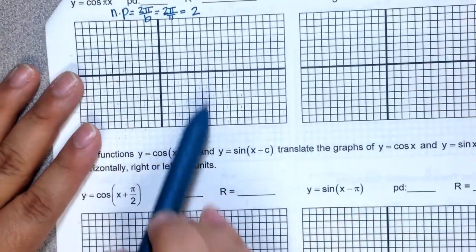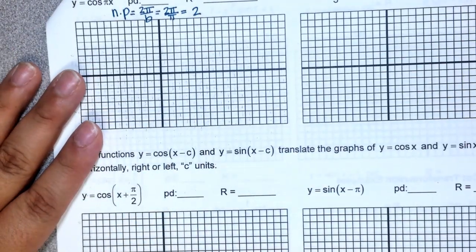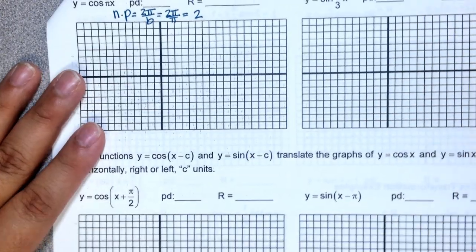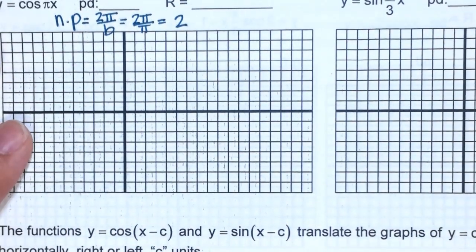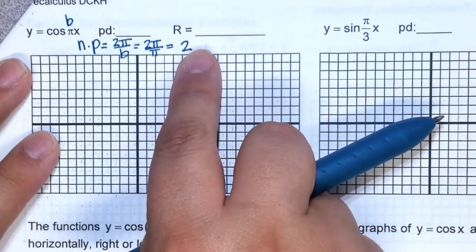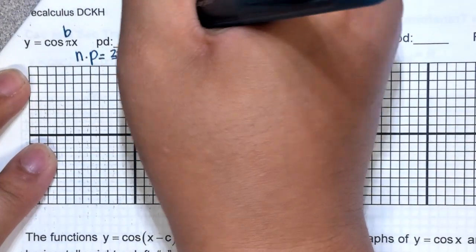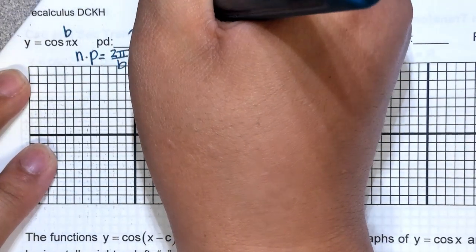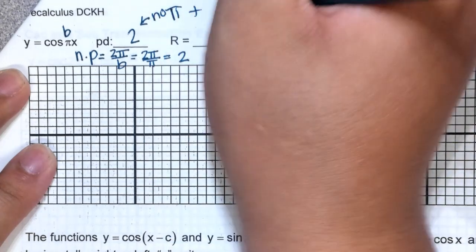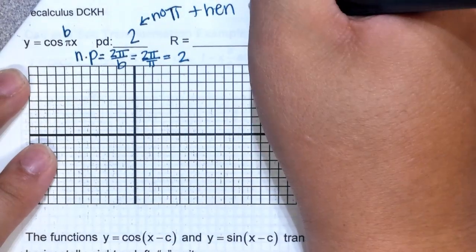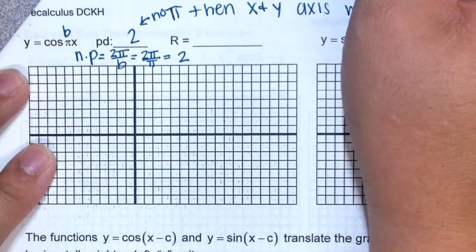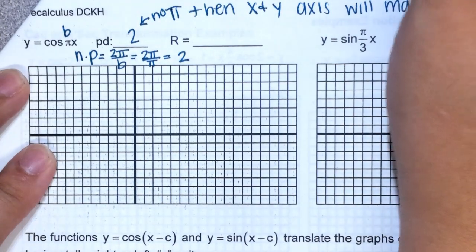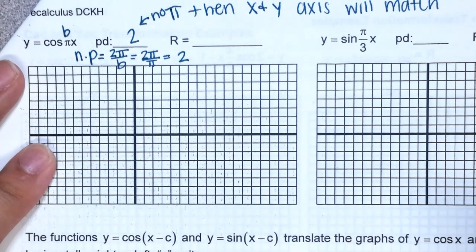What I want you to do is say, let's just change our x-axis. Let's graph our x-axis like we've been doing our y-axis. So, if you have a new period that has no pi's, then your x and y-axis will match. What do I mean by that?